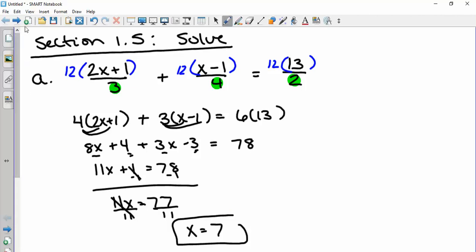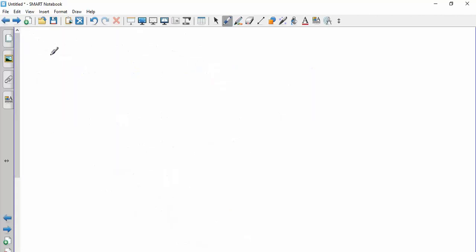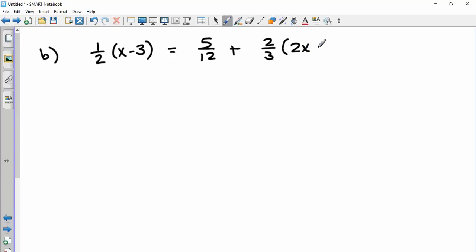Let's say I gave you this problem. Okay, when we were solving these linear equations, we can have fractions and decimals in here.